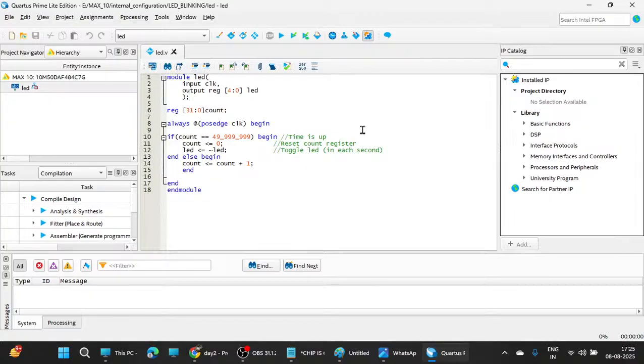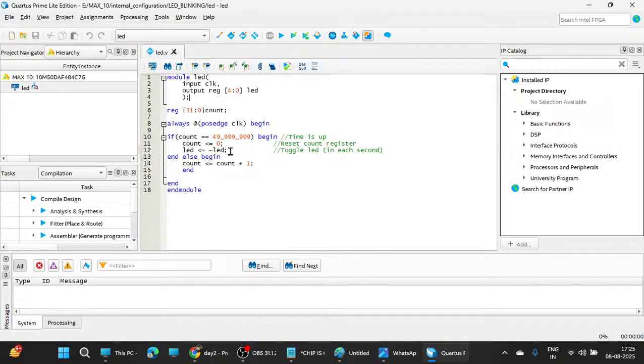You will get 5 crore counts, like 50 million. So I write the if condition: count equal to 4 crore 99 lakh 99 thousand 999. If it is true, I reset my count and toggle my LED. If it is not true, I increase the count. So it's a simple if-else condition, and I'm continuously incrementing my count.